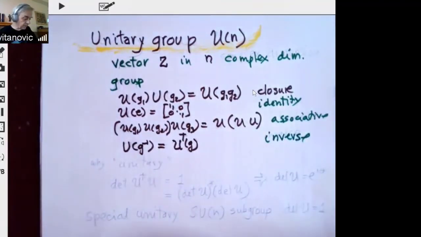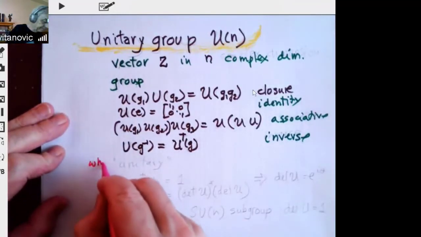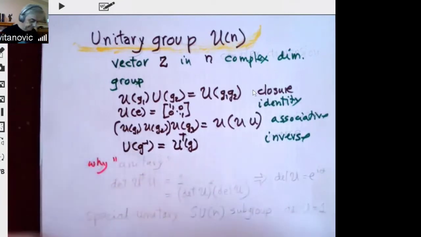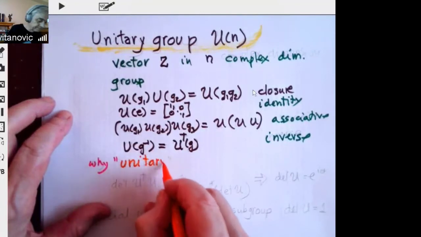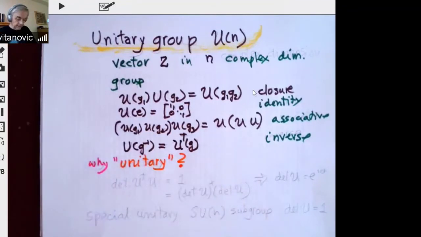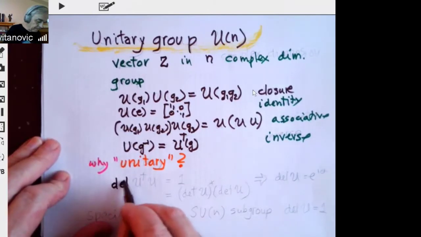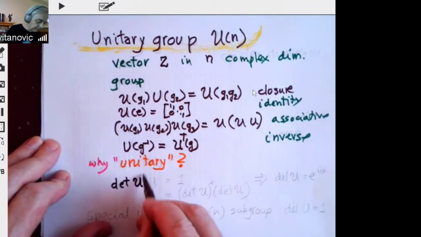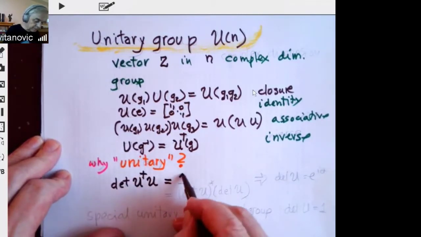Now, why is that called unitary? If you take the determinant of the Hermitian conjugate of a matrix multiplied by the matrix, that's unity, and the determinant of unity is 1.